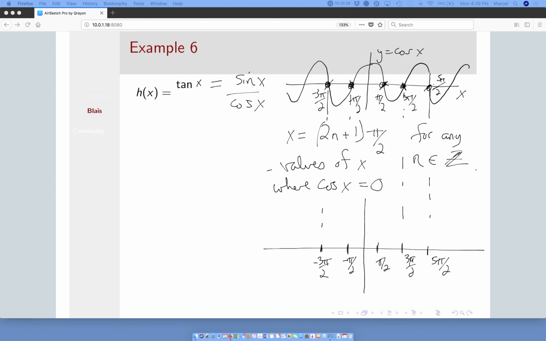These are all the points at which cosine of x is 0. These values will be vertical asymptotes for the tangent function. And we'll choose a different color. The tangent function will look like this.